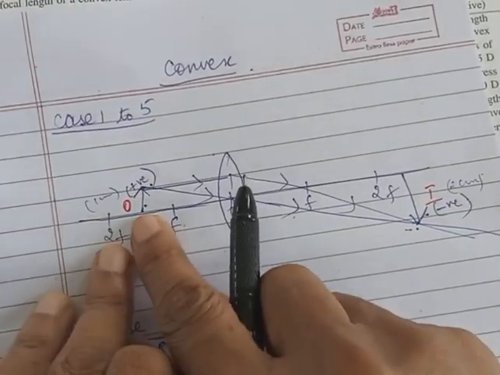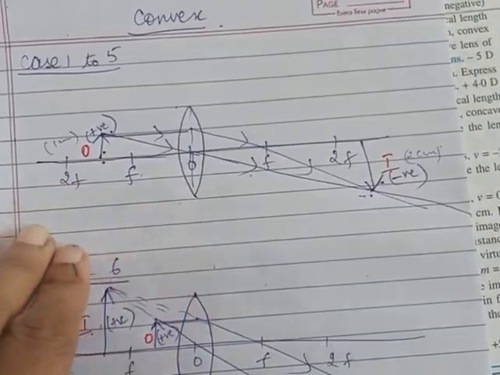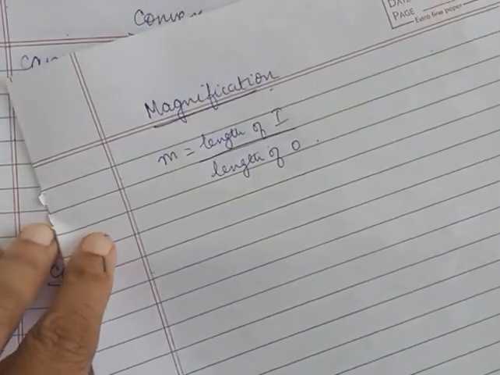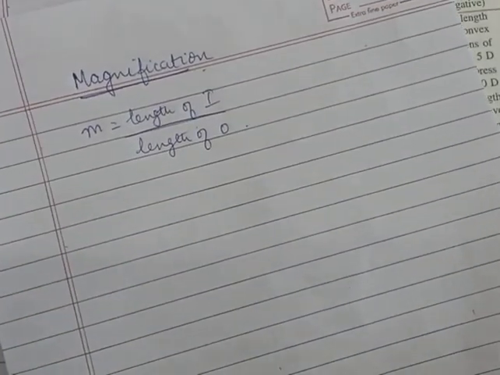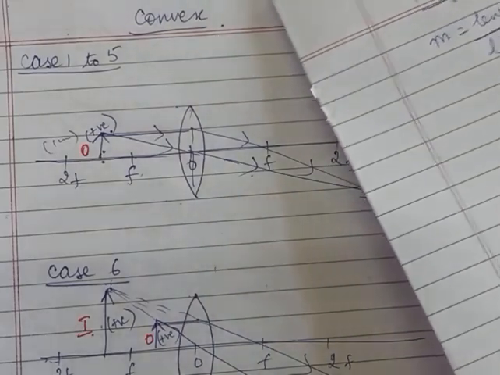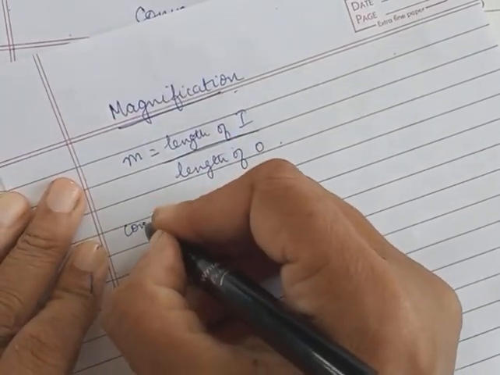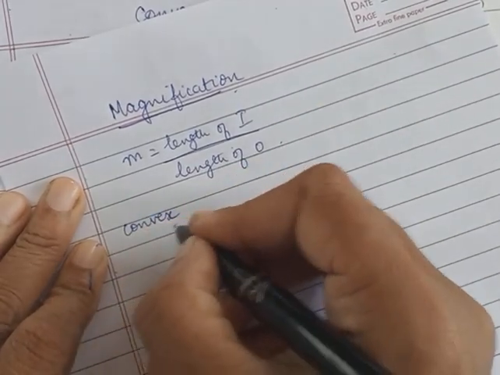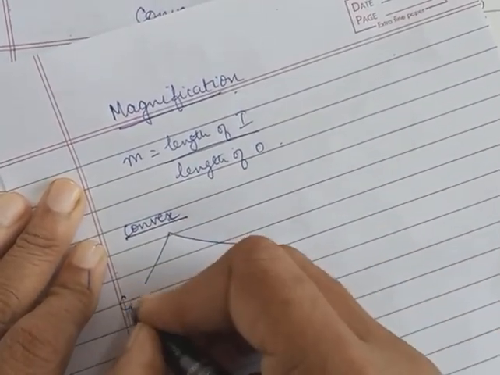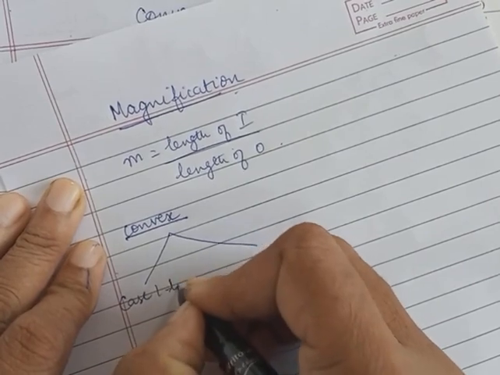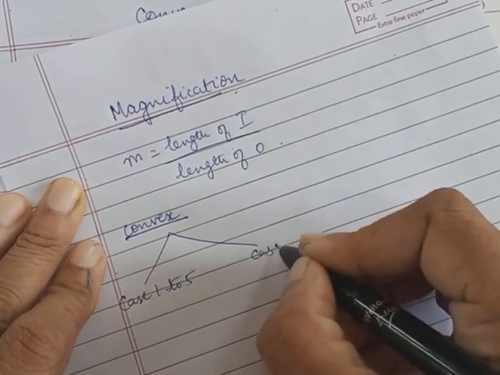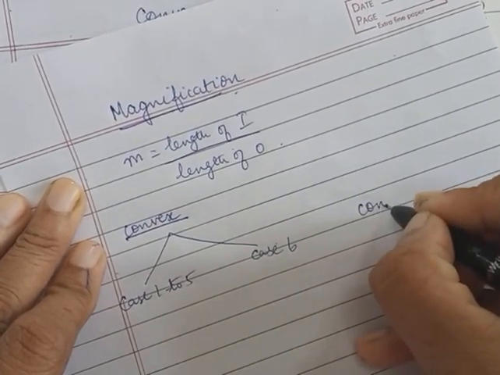For a real image, object will be positive, image will be negative. So accordingly, your magnification will become negative or positive. So convex case 1 to 5, and then case 6, then concave.